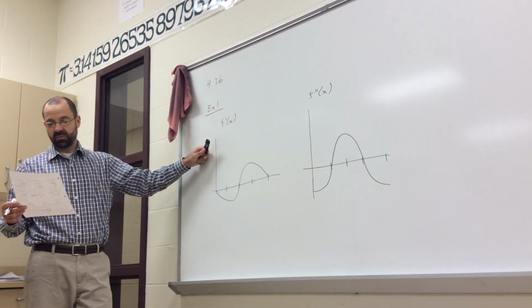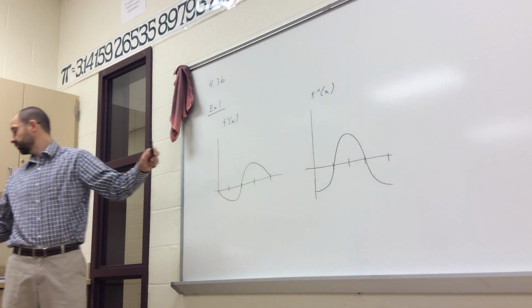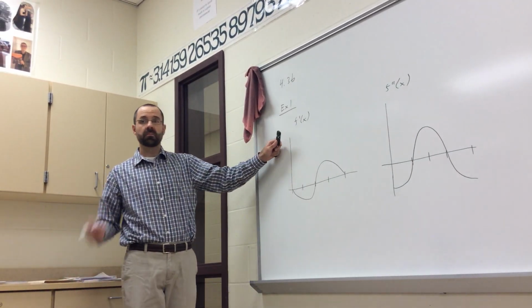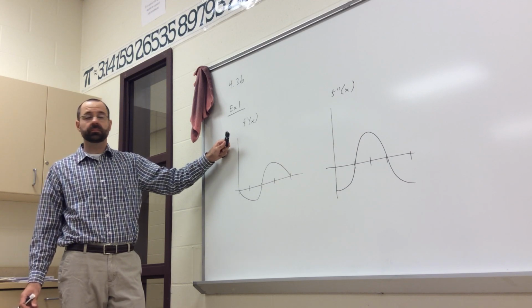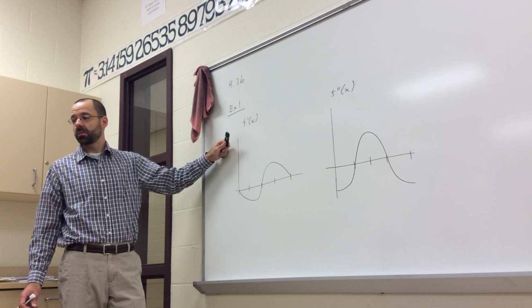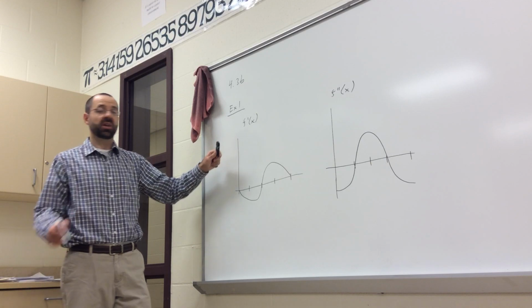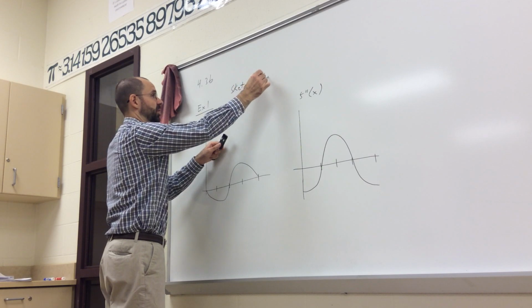So I'm given two graphs, f prime of x and f double prime of x, and our job is to sketch the original f of x.